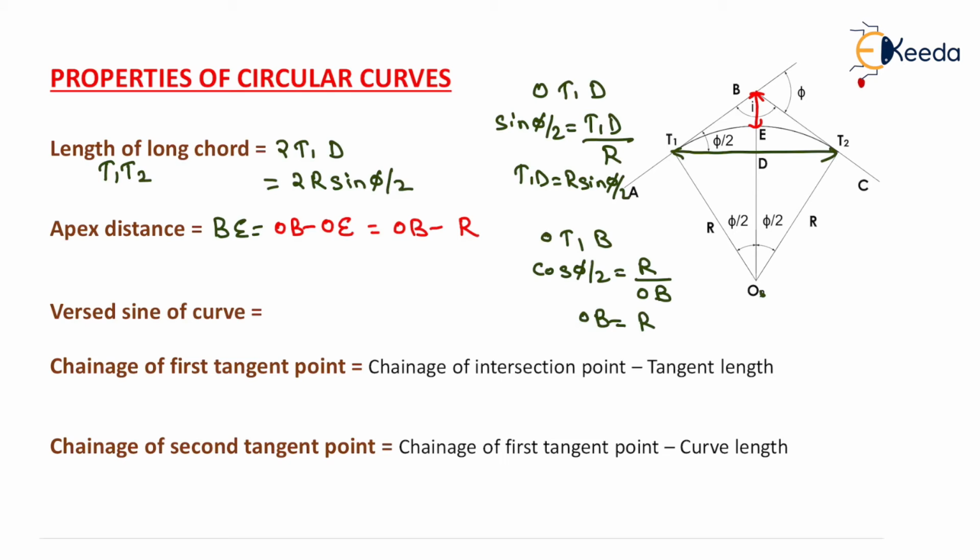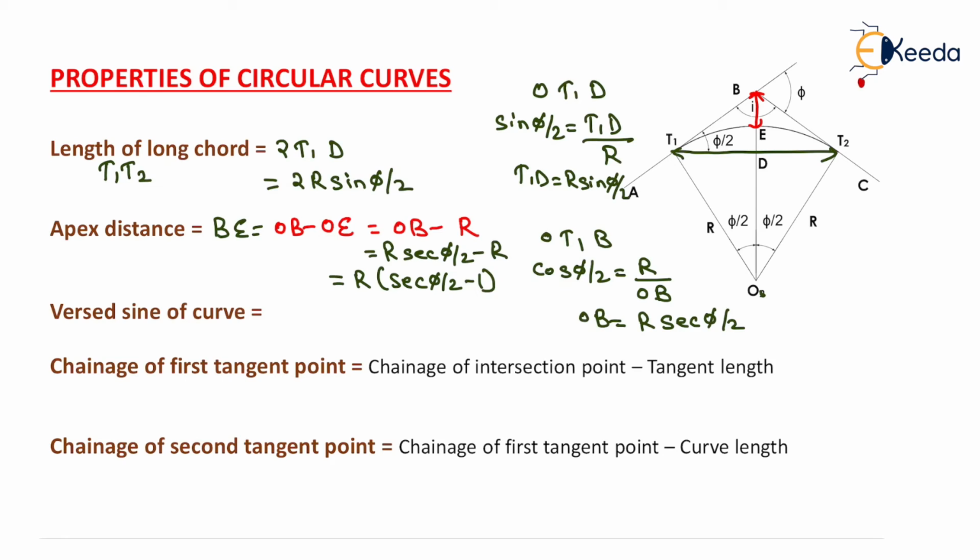So 1 by cos phi by 2 is equal to sec phi by 2. So we will put the value of OB here, that is R sec phi by 2 minus R. On taking R common, we will get sec phi by 2 minus 1, into R. That will be the apex distance.